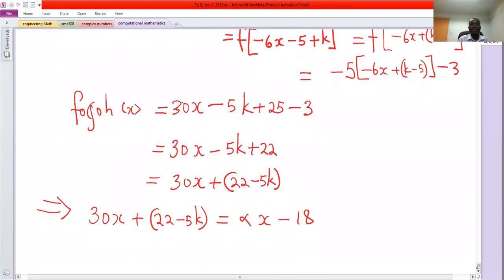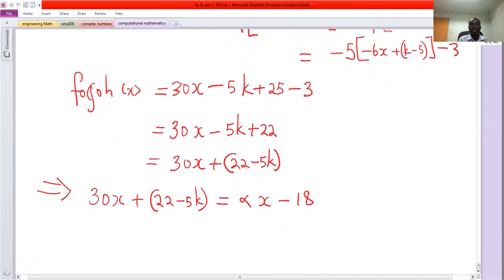Now for these two sides to be the same, the constants must be the same, and also the coefficients of x must be the same. So this implies that alpha must be 30, and this constant 22 minus 5k must be the same as minus 18.